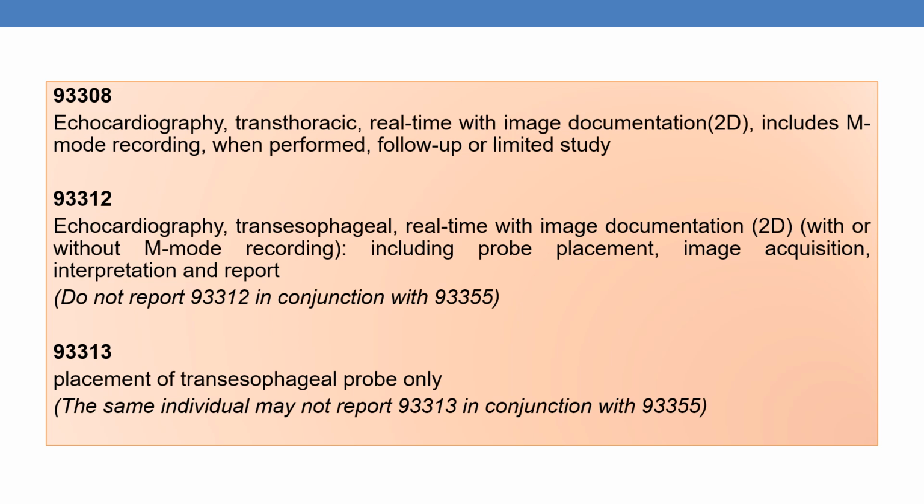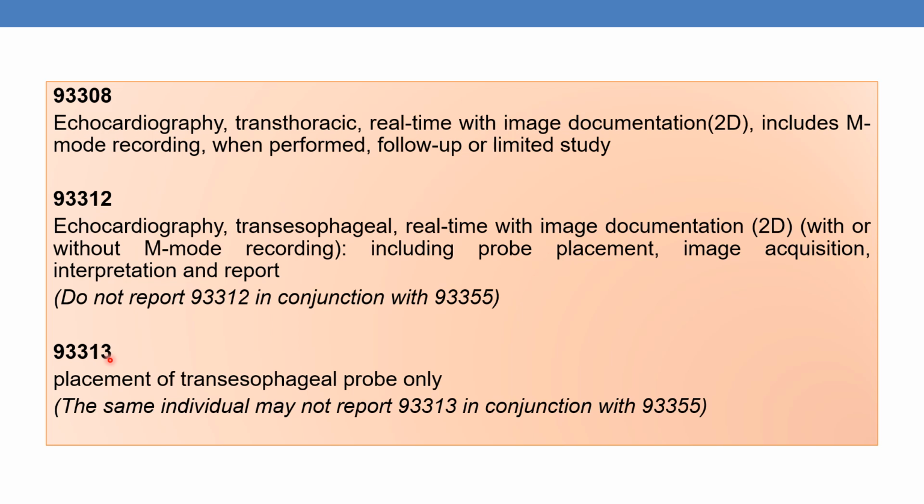The next is 93312. It includes echocardiography transesophageal, real-time with image documentation with or without M-mode recording, including probe placement, image acquisition and interpretation and report. And do not report 93312 in conjunction with 93355. The next is 93313.